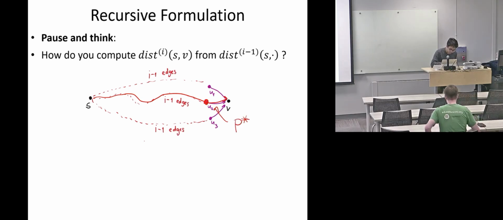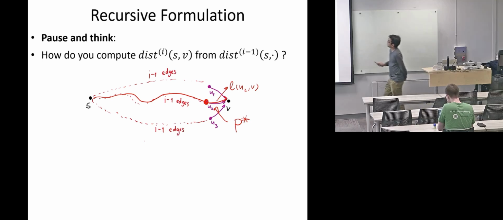The length of this shortest path is going to be the length of the edge from U2 to V, plus the length from S to U2. If this is the shortest path from S to V, then the subpath from S to U2 must be a shortest path from S to U2 as well.